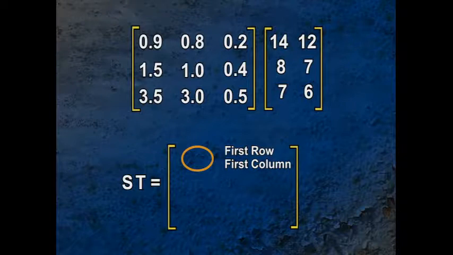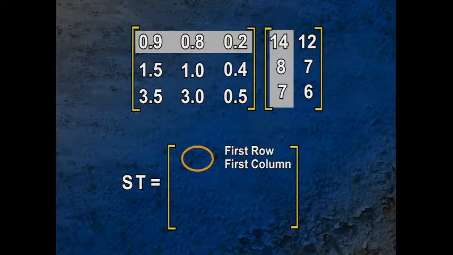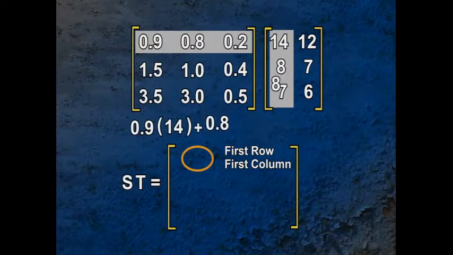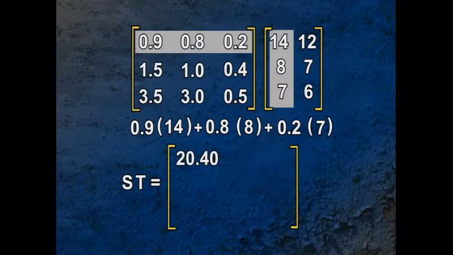And what that tells us is that we're going to multiply the entries in the first row of S times the entries in the first column of T. So here we would be multiplying 0.9 times 14, and then adding 0.8 times 8, and then 2/10 times 7. The result then is 20 and 4/10, or 20 and 40 hundredths for that entry.